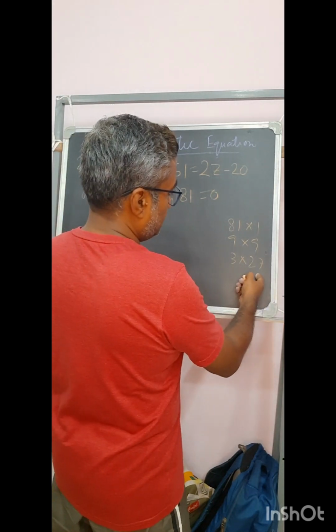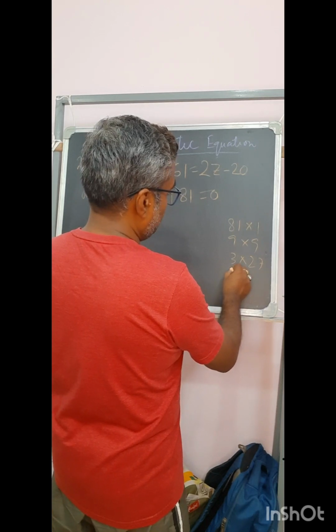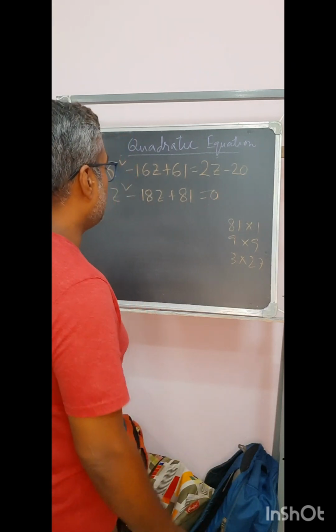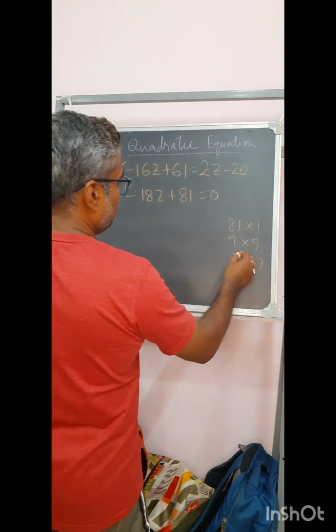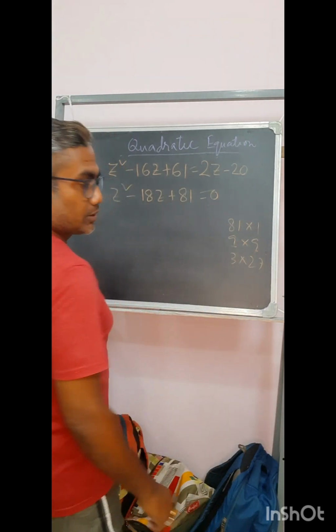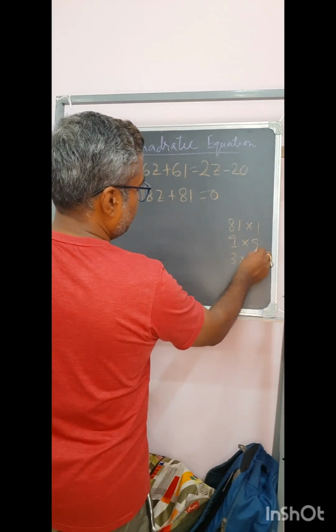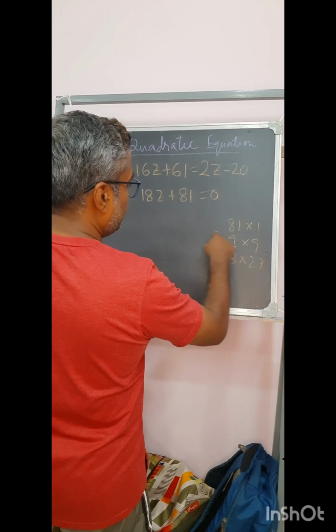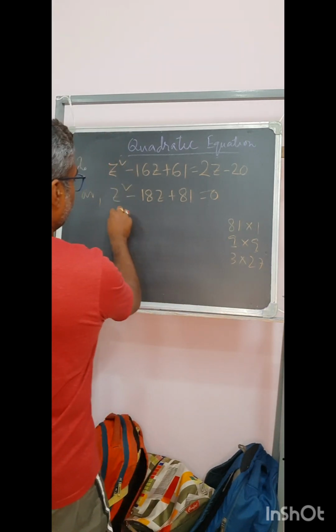So any other thing is not possible. Now out of these, which can be possible? 9 plus 9, when two factors are the same, and that is obtained by adding these two.